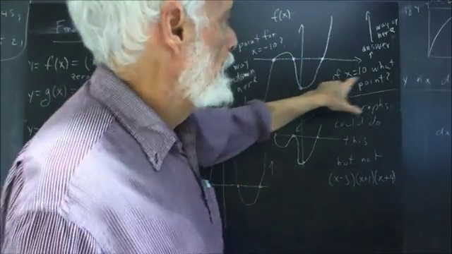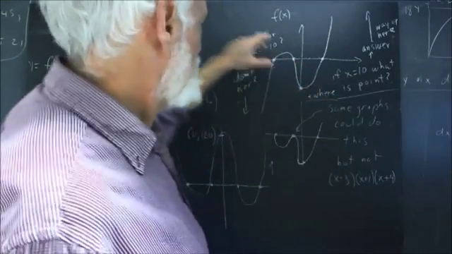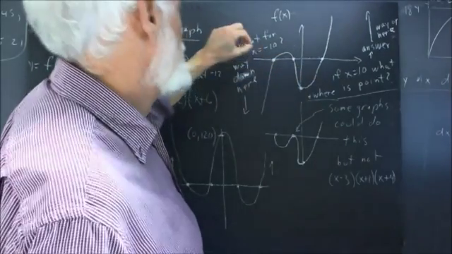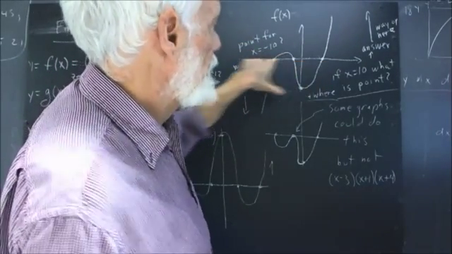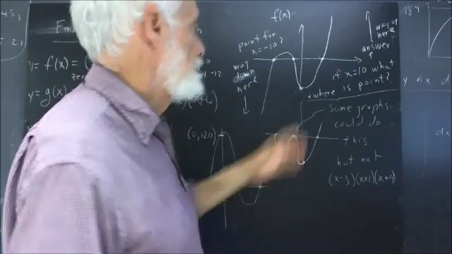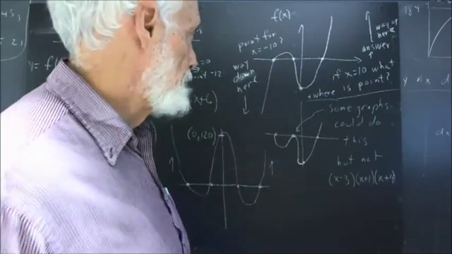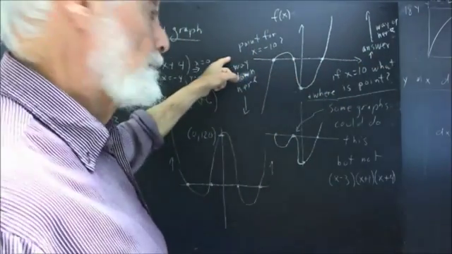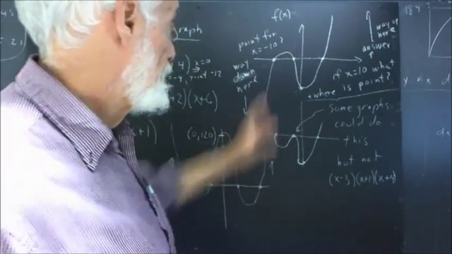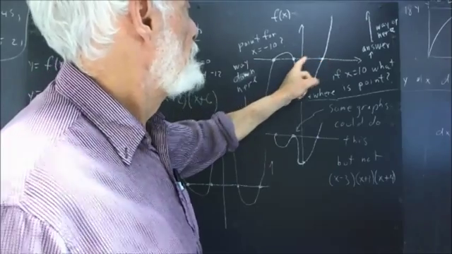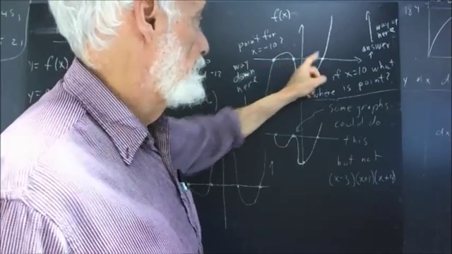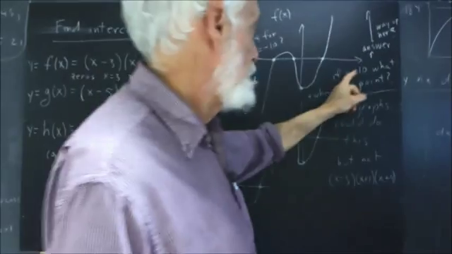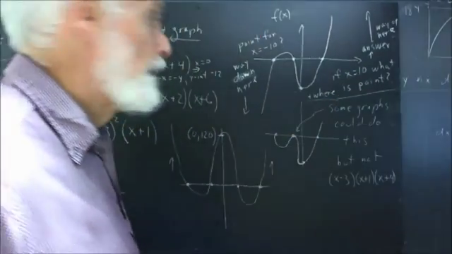I just chose x equals 10. 10 is somewhat bigger, at least twice as big as any of the intercepts. So it has twice the magnitude of any of the intercepts, meaning the point where x equals 10 and then the point where x equals negative 10, which we also want to look at, is considerably further from the origin than any of the zeros. So that's how the x equals 10 was chosen.